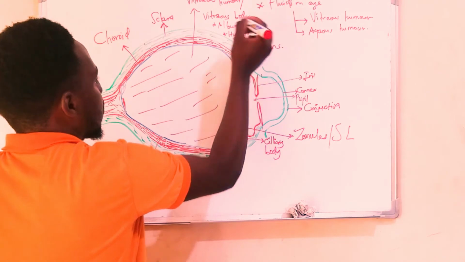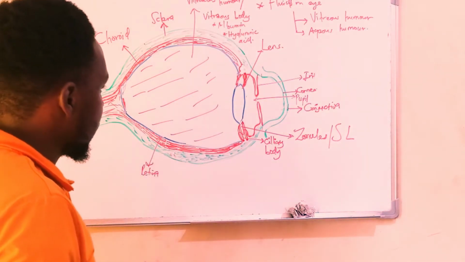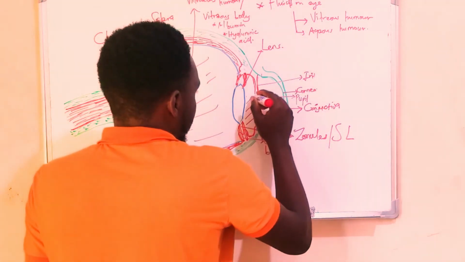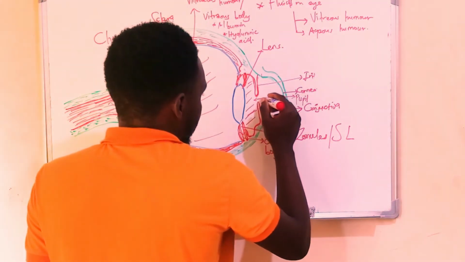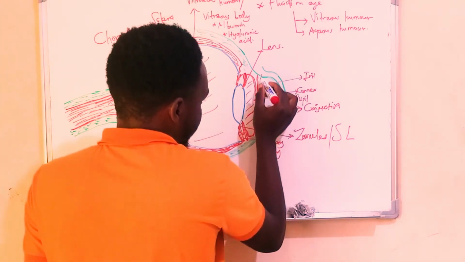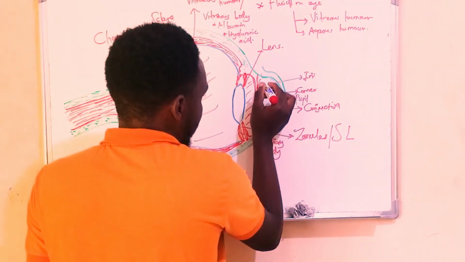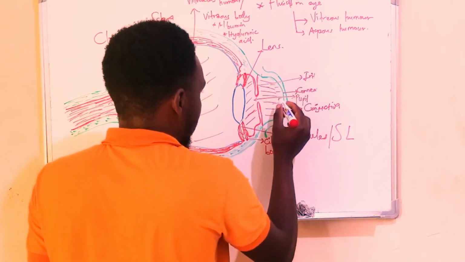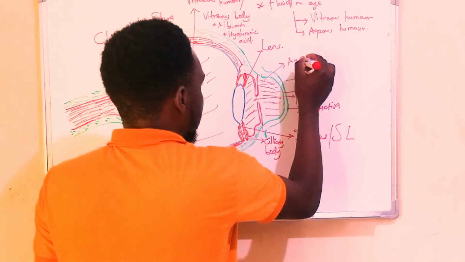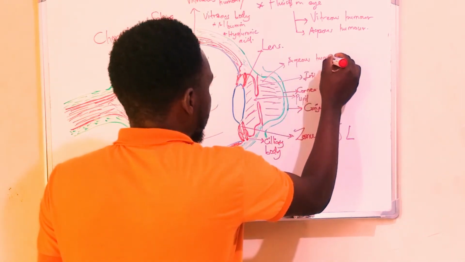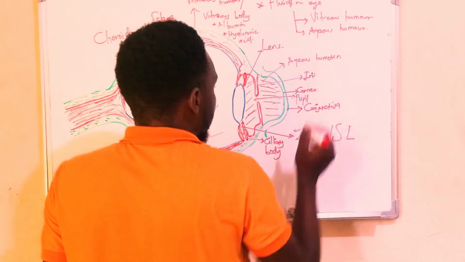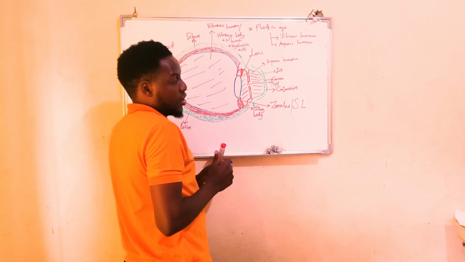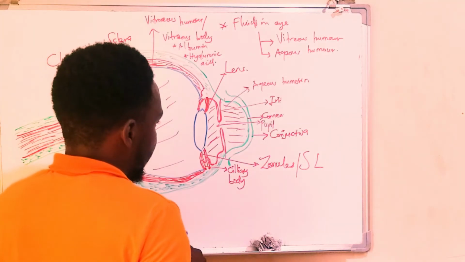Then the aqueous humor is present in front of the lens, as well as just behind the iris, as well as in front of the iris here, behind the cornea. That's where our aqueous humor is. So this part where the aqueous humor is, is divided into two compartments by the iris.